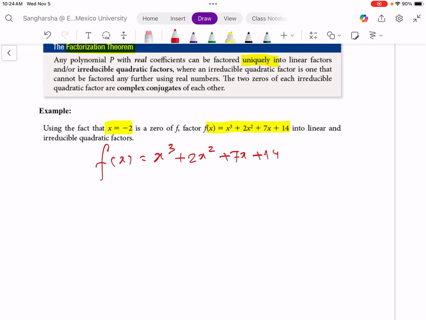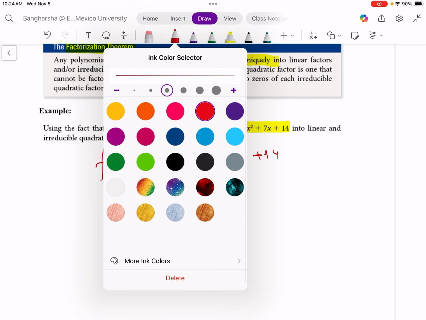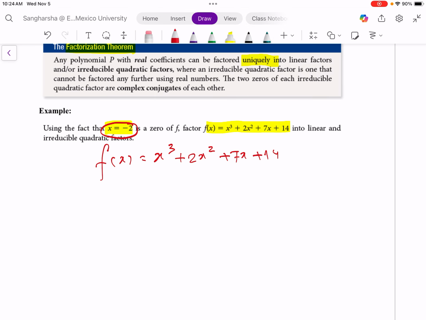So x minus -2 is one factor. Since this is the real 0, x minus this number -2, which is x plus 2, is a factor. We already know one factor is x plus 2. If you have a real 0, then x minus that real 0 is always a factor.